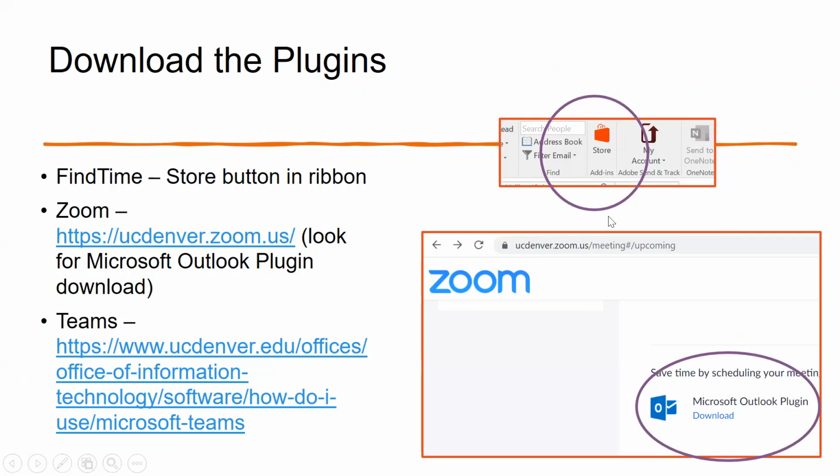So I logged into ucdenver.zoom.us, and this button is down near the bottom of that page. And then the Teams, for downloading the Teams software, which I think does automatically put the plugin if you don't already have it, I got that from this OIT, the Office of Information Technology page with the software, and it has some background on using Teams.